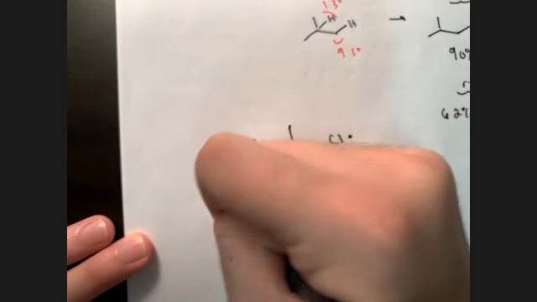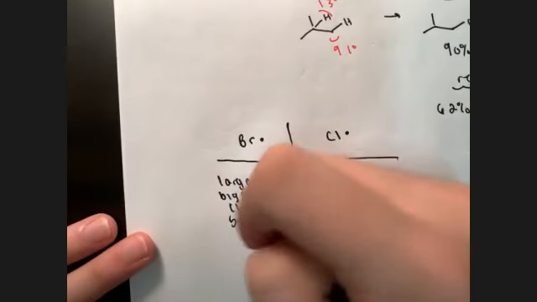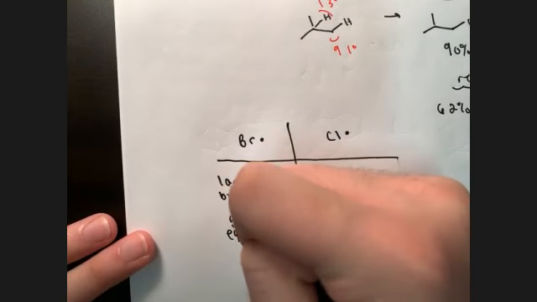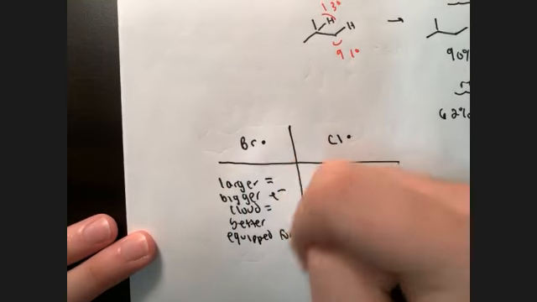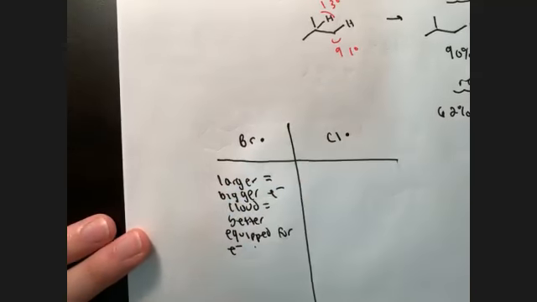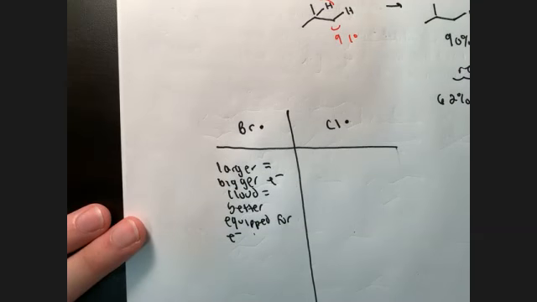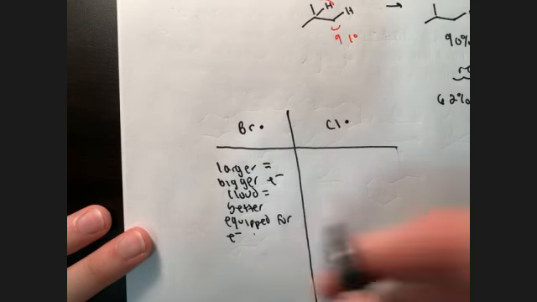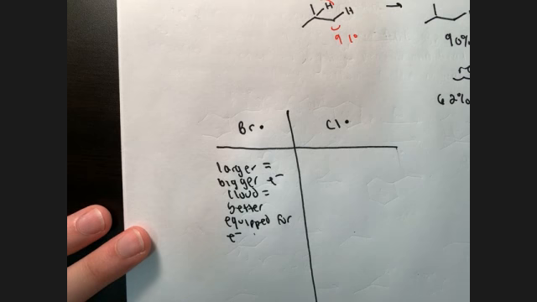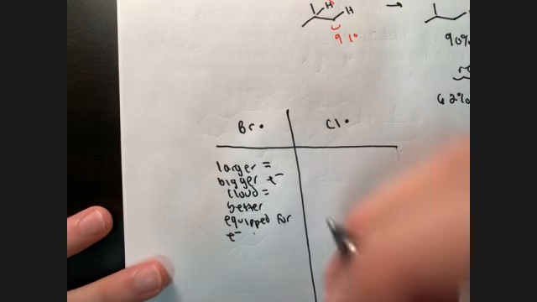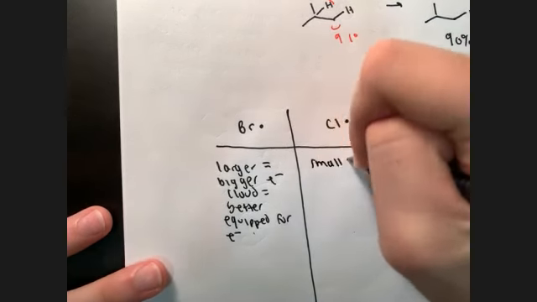So Br, we can just say larger, which means bigger electron cloud, which equals better equipped for the electron, okay? Chlorine is a smaller electron cloud, and not as equipped for that singular electron. So this is the smaller version, okay?